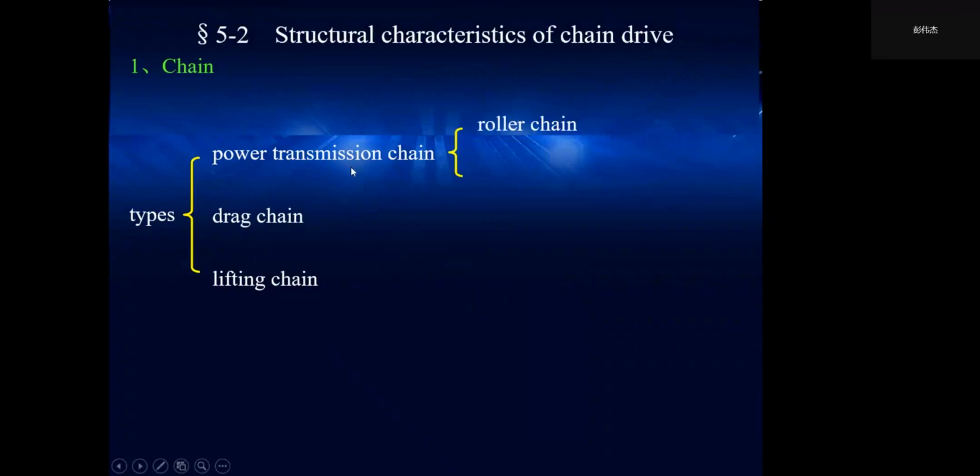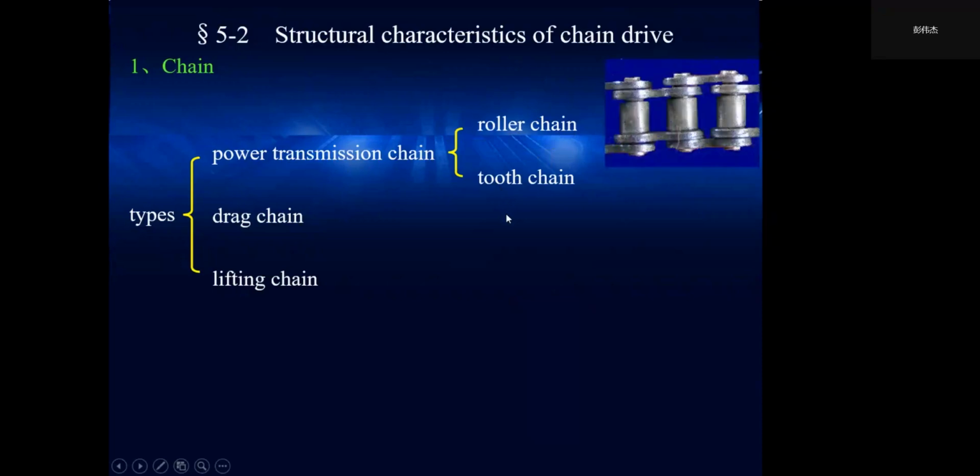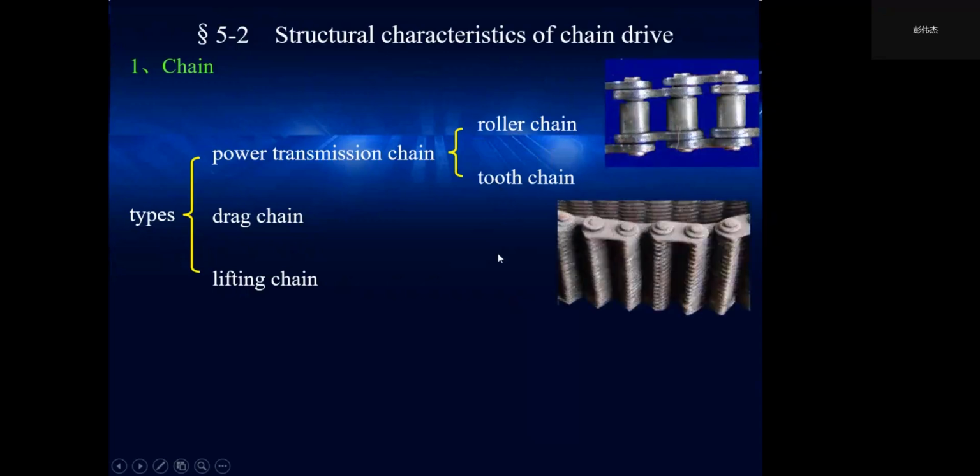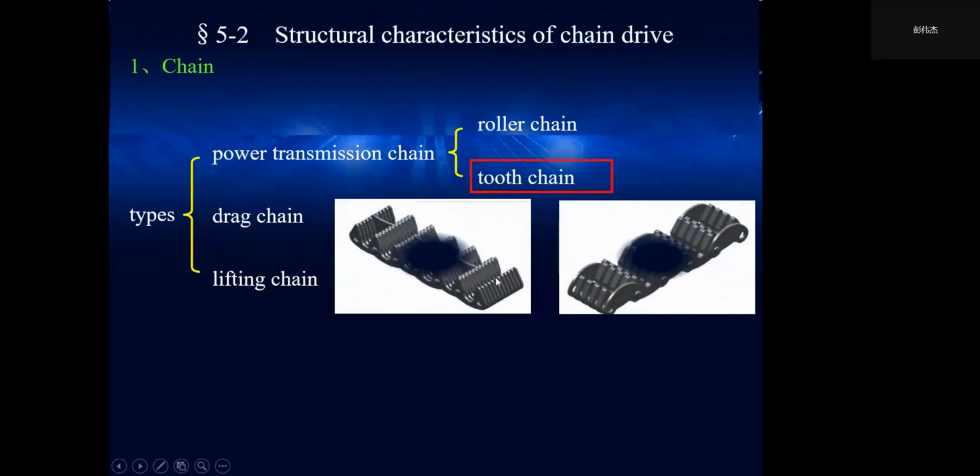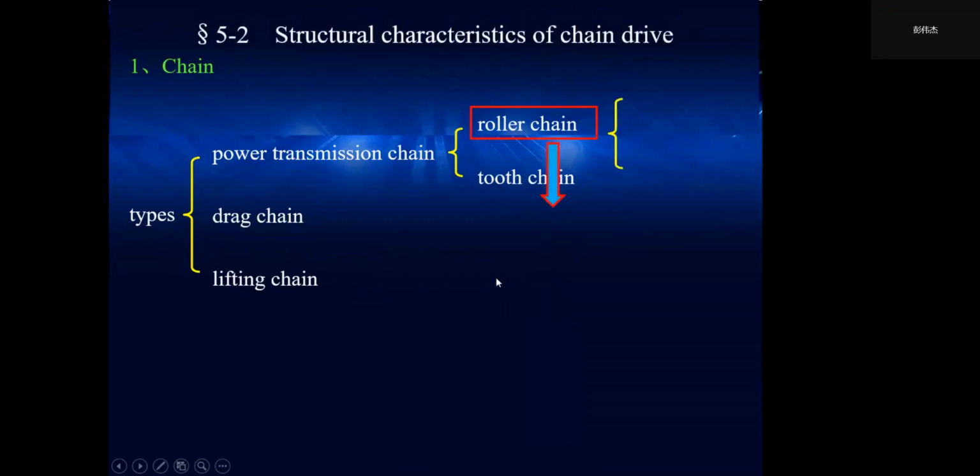Power transmission chain can be further divided into roller chain and tooth chain. Roller chain can be manufactured in single, double, triple, and quadruple strands.